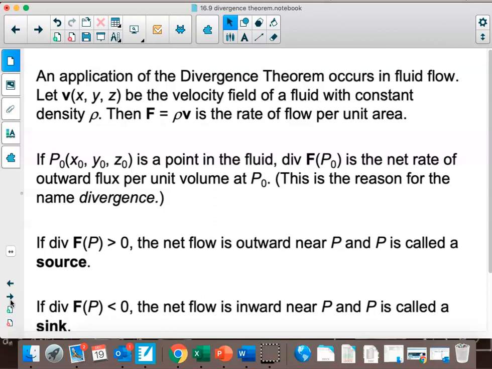If P sub 0 is a point in the fluid, then the divergence of F at that point is the net rate of outward flux per unit volume at that point. This is the reason for the name divergence. I don't know enough to know why that means something, but anyway, there you go.